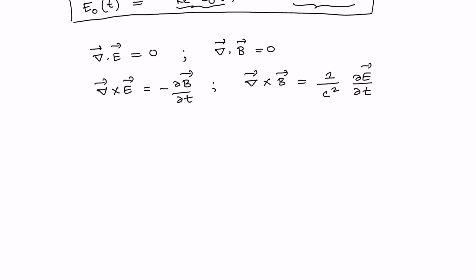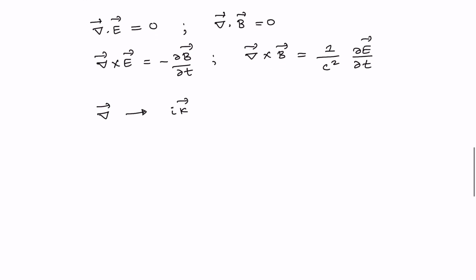Now, because we are considering a plane electromagnetic wave propagating with the wave vector k, we can replace del by ik. If we do that, our calculations become very simple.